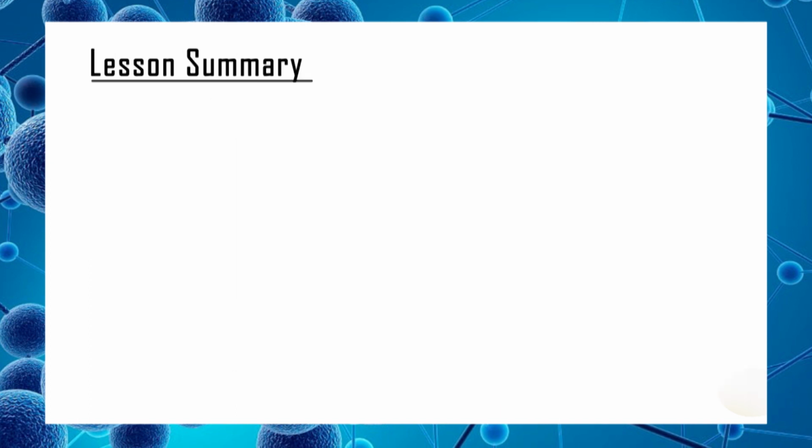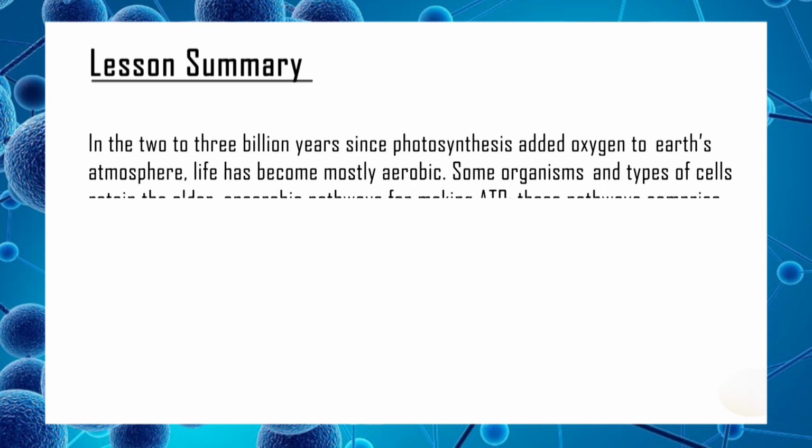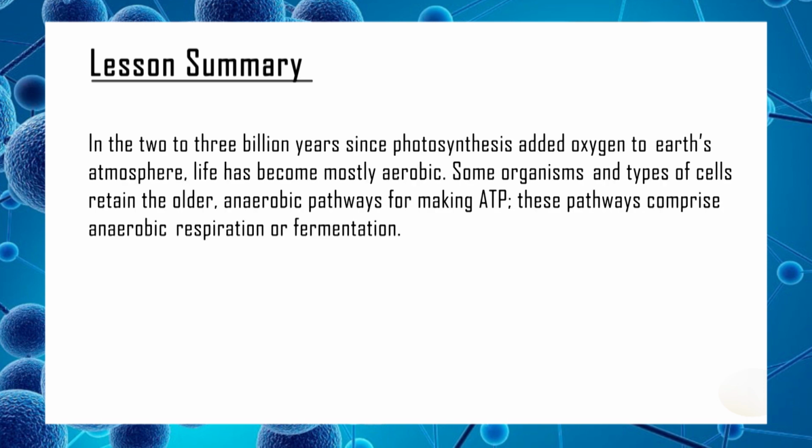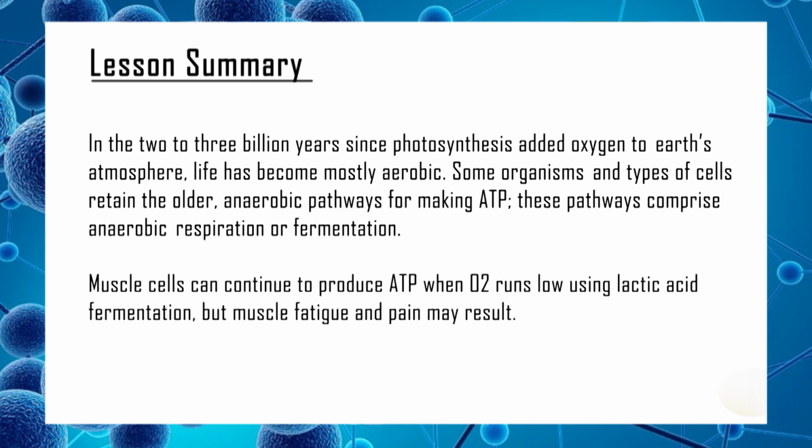The summary: in the way 2 or 3 billion years ago, since photosynthesis added oxygen to the earth's atmosphere, life has become mostly aerobic. Some organisms and types of cells retain the older anaerobic pathway for making ATP. These pathways comprise anaerobic respiration or fermentation.